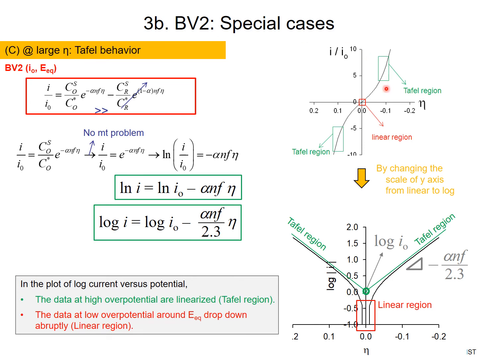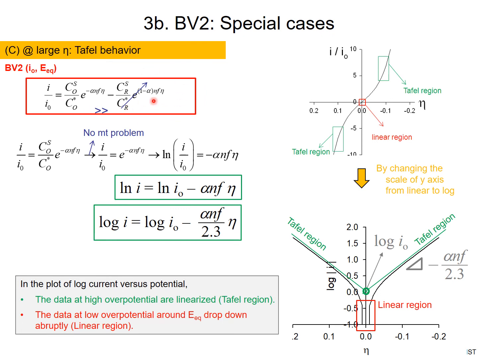So I'm talking about this region for the cathodic process, or this region for the anodic process. Here is the Butler-Volmer equation, version 2. Of course, the overall current is the summation of the cathodic current and the anodic current.